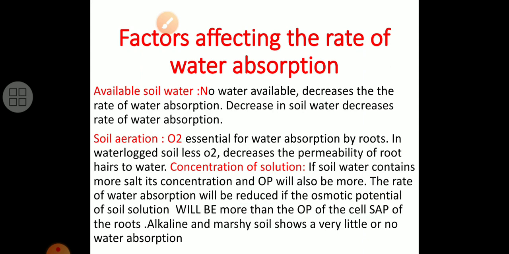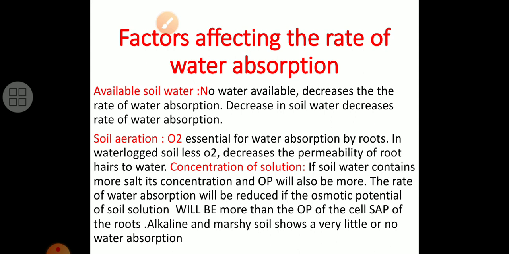My friends, first we will get an idea about the availability of soil water. As we know, capillary water is the only water available for absorption by the plant. Suppose there is no water available in the soil, definitely the rate of water absorption decreases.